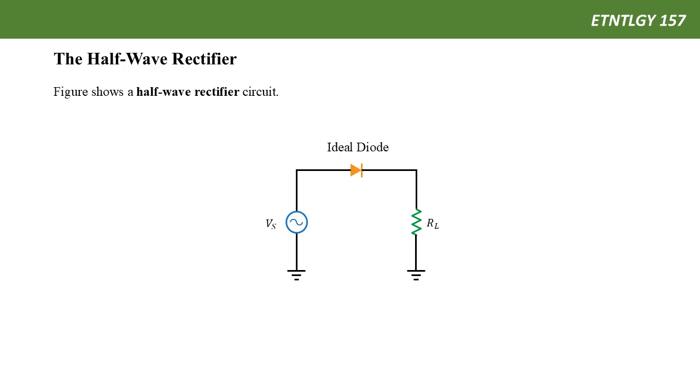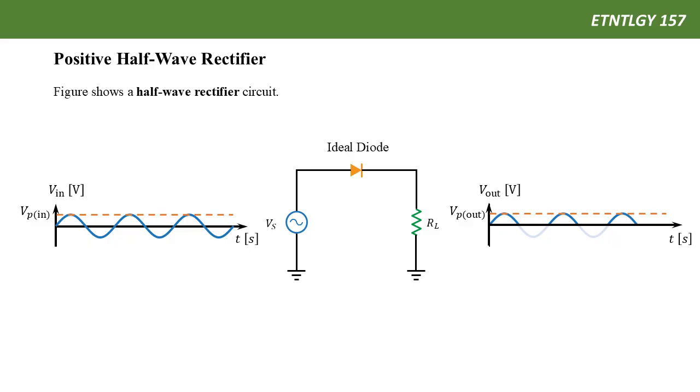To make our study easier, let's begin with an ideal diode, which means there's no knee voltage. We don't need 0.7 volts to activate it. As long as current flows in the direction the diode is pointing, the current passes through. We know the sine wave source, Vs, produces a sine wave.